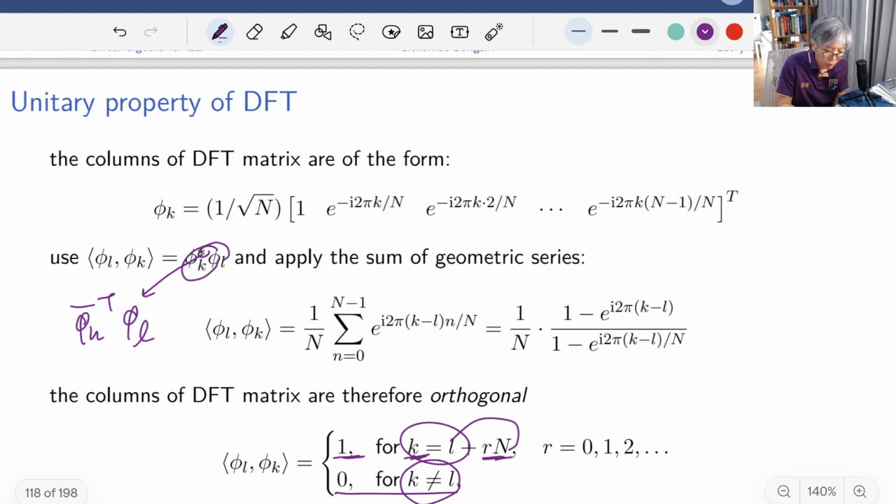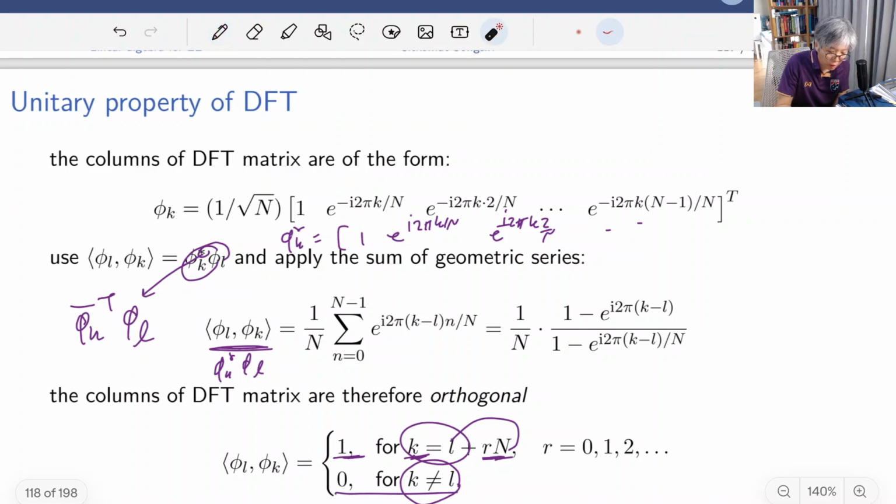When you take the inner product, it's going to be phi K star phi L. Phi K star is to take the transpose and complex conjugate. So it's going to be 1, e to the i 2 pi k over n, e to the i 2 pi k 2 over n. For phi k star, you just flip the minus sign to a positive sign because that's the complex conjugate, so you have the positive power in index k.